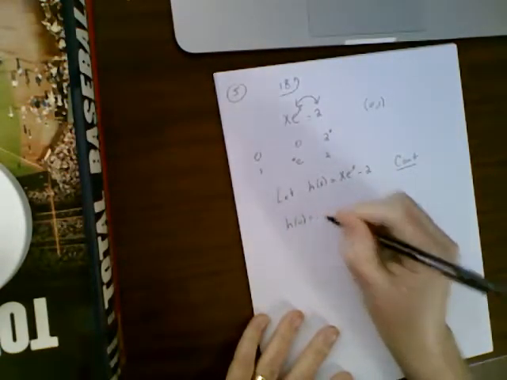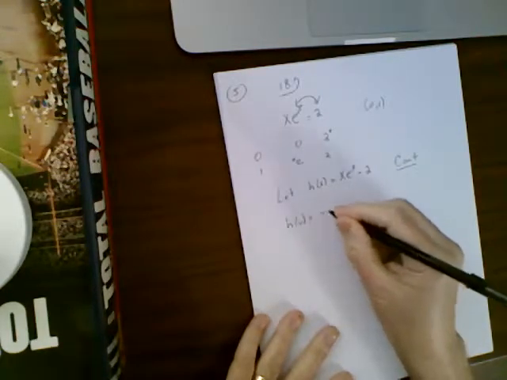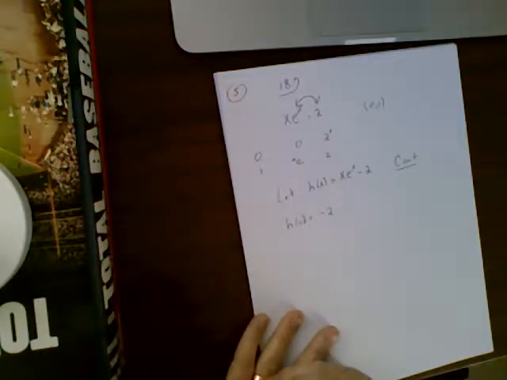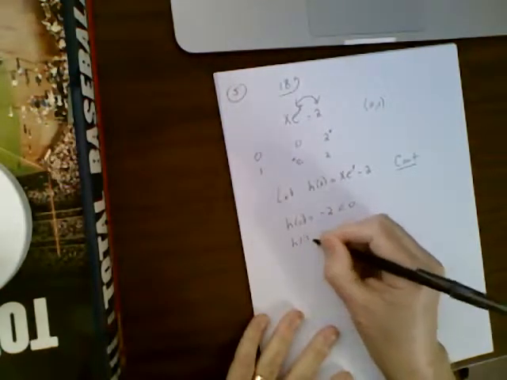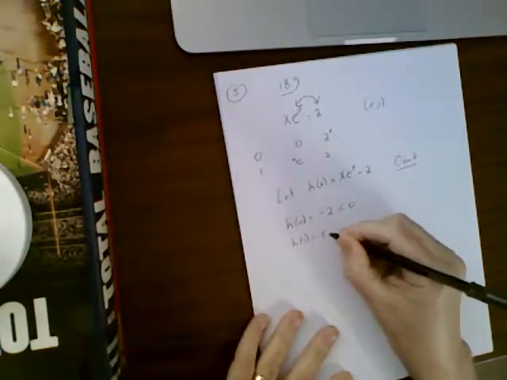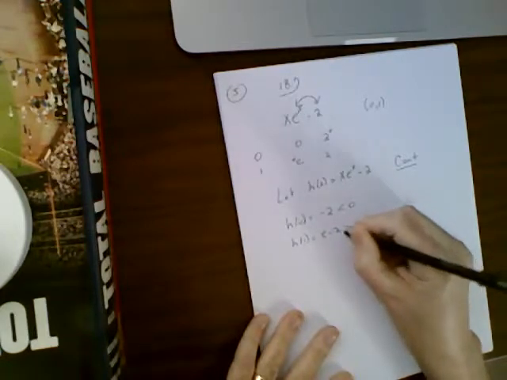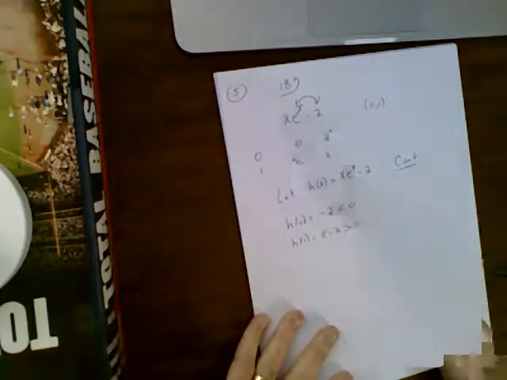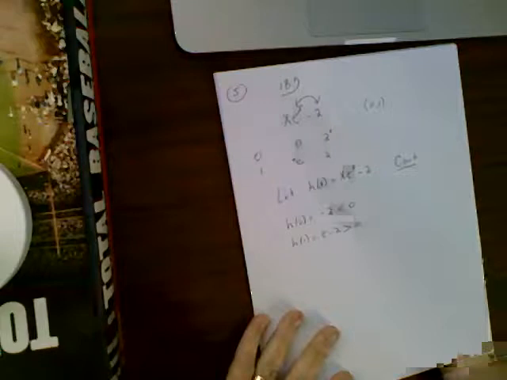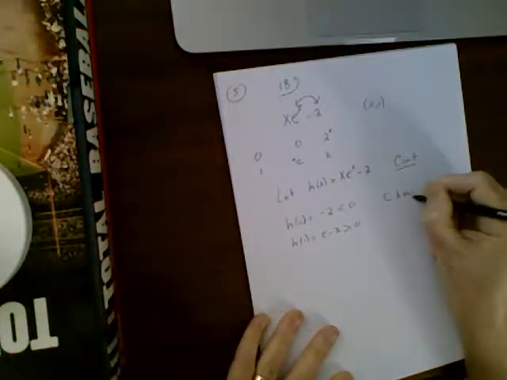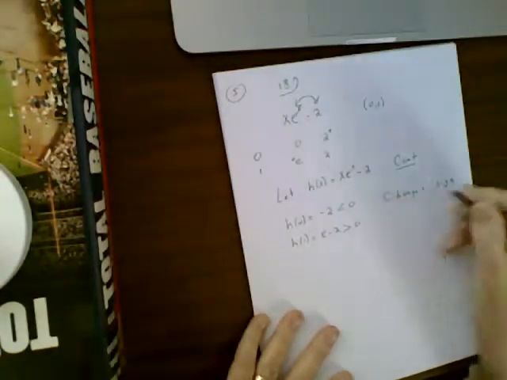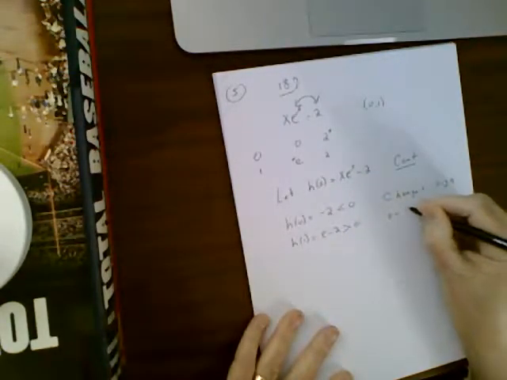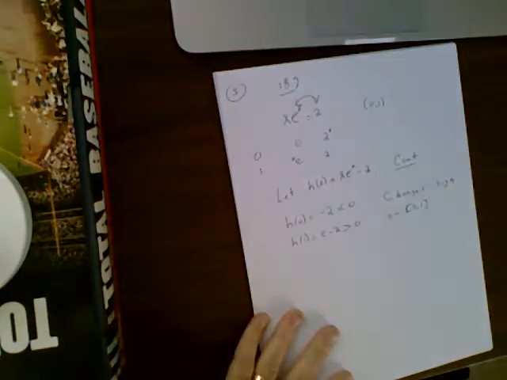H of 0 is negative 2, which is certainly less than 0. H of 1 is e minus 2, which is more than 0. So in other words, the continuous function h changes sign. It goes from negative to positive on the closed interval 0, 1.